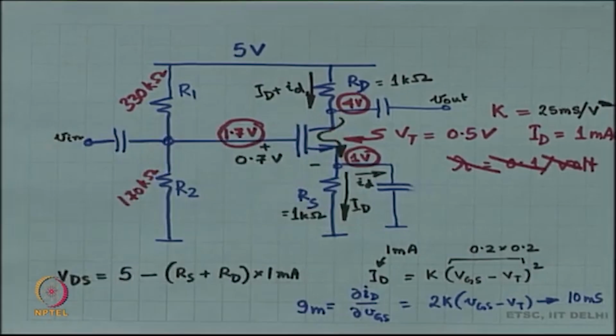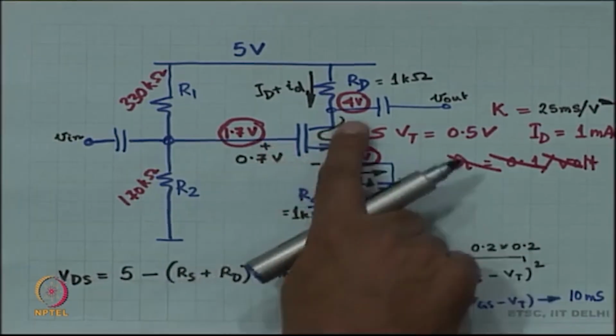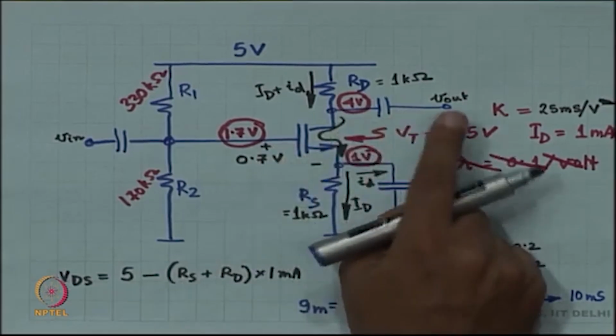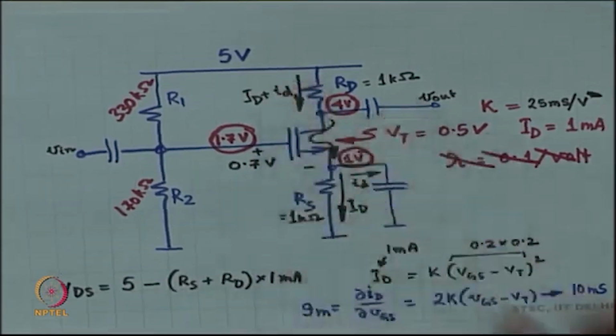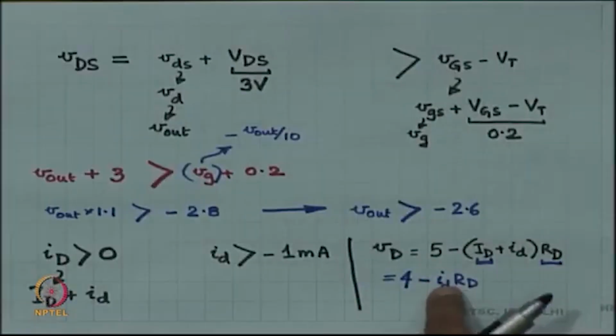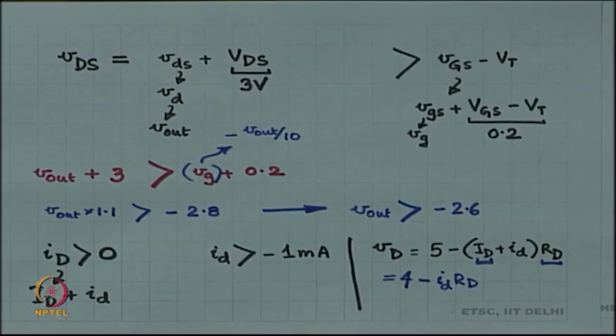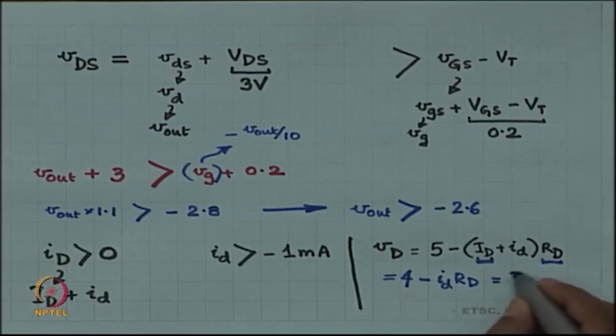Is this okay? Okay. Right now it is trivial because there is no load, but as soon as a load comes, this is not going to be the case anymore. So, you have to do it this way. Okay. So, this is the correct way of doing it. You can't just say that it is 5 volts. All right. Now, this happens to be 5.